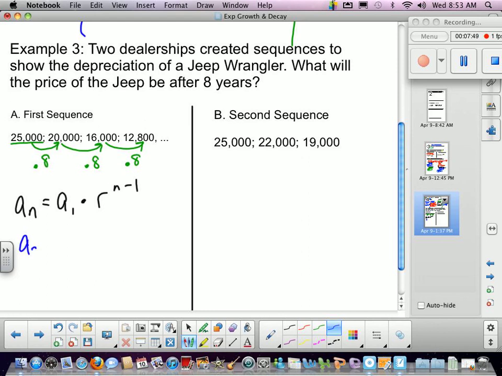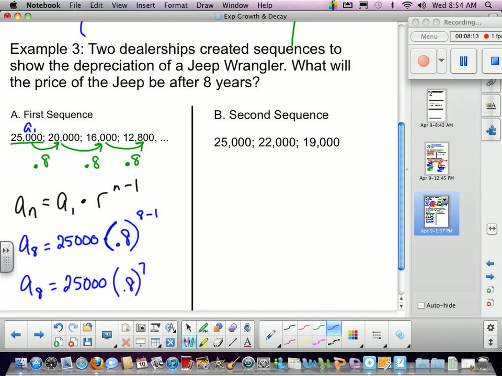I'm just going to do a sub 8 is equal to 25,000 times 0.8 raised to the 8 minus 1, which is 0.8 to the 7th.